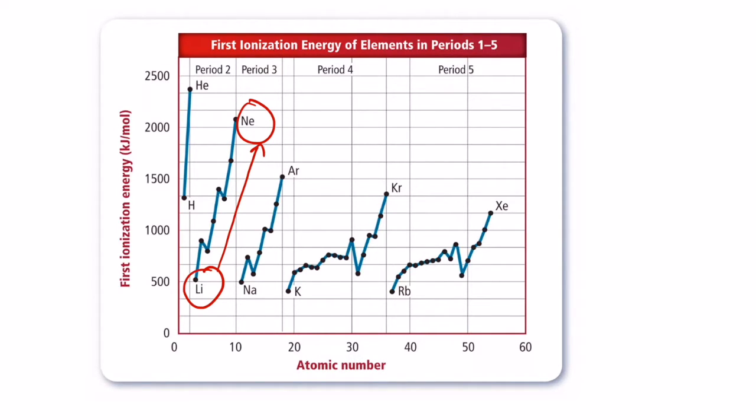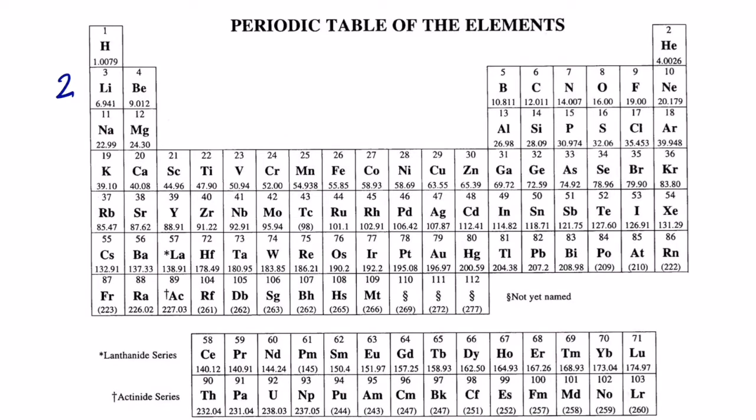The energy required to take an electron away from the neutral atom increases. We look at the third period from sodium to argon, the ionization energy increases, and so on down the periodic table. So the question is, why does the ionization energy increase when we go across a period?